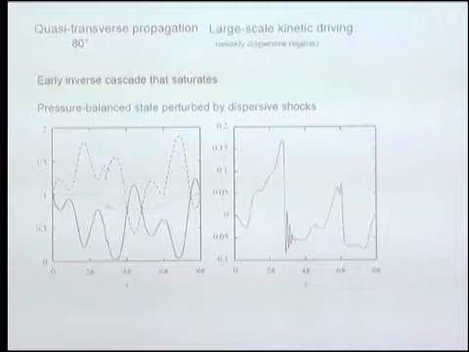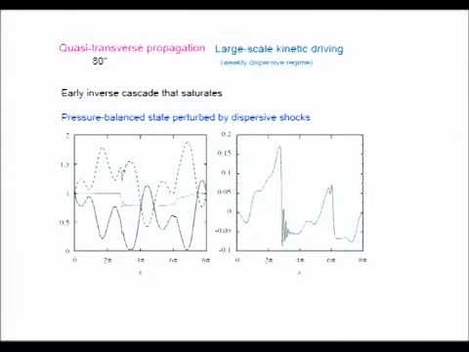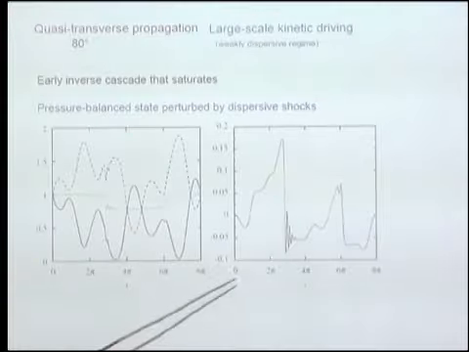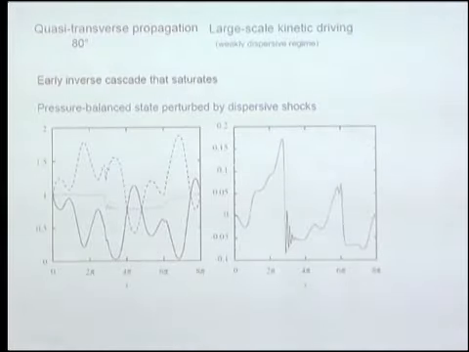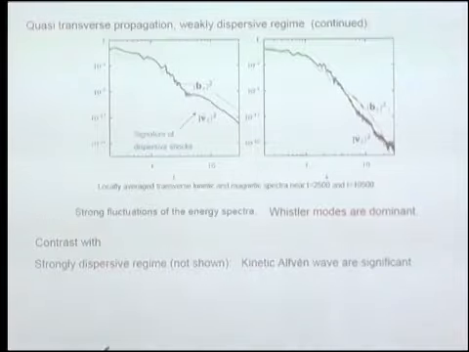In oblique directions, you still get the pressure balance structures, which are this time perturbed by dispersive shocks and Whistler waves. And in this situation, the spectra is dominated by the magnetic energy instead of being dominated by kinetic energy.